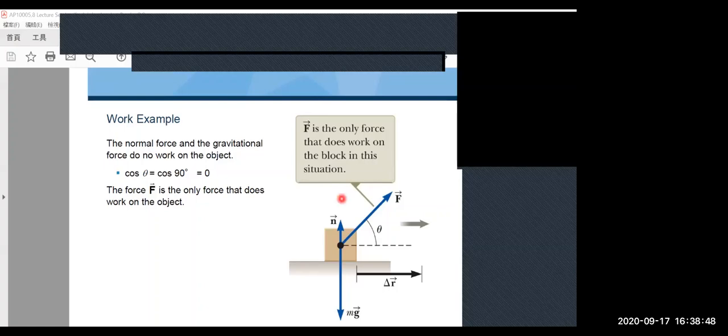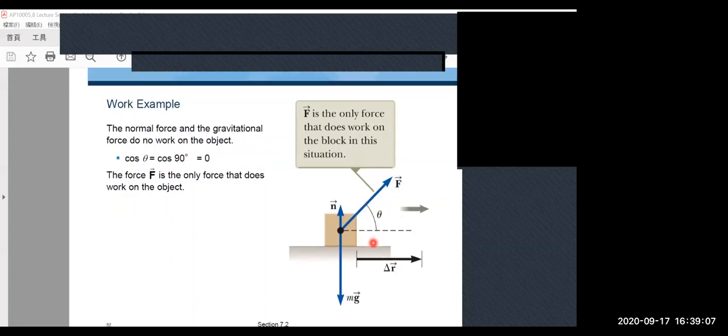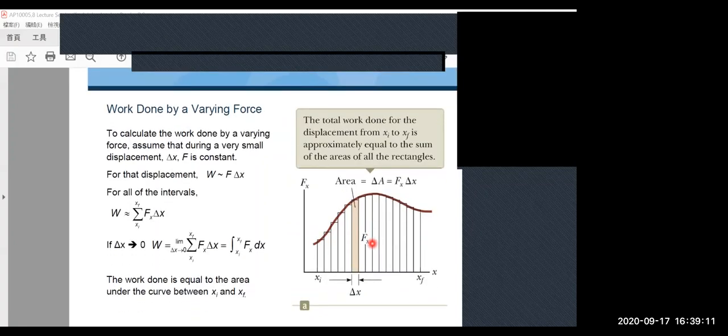And of course, things are simple if you have the force that is constant and it is always along the same direction. But there are scenarios in which the force and the angle are changing. So you would have a situation in which the work done is due to a varying force. Let us just look at the situation when only the force is varying.